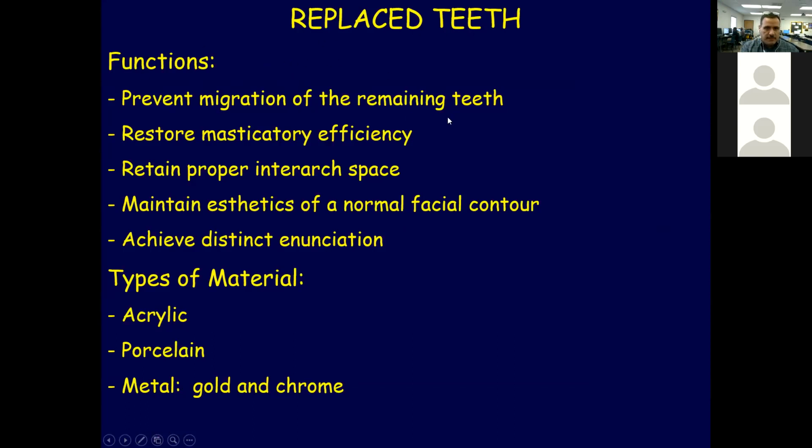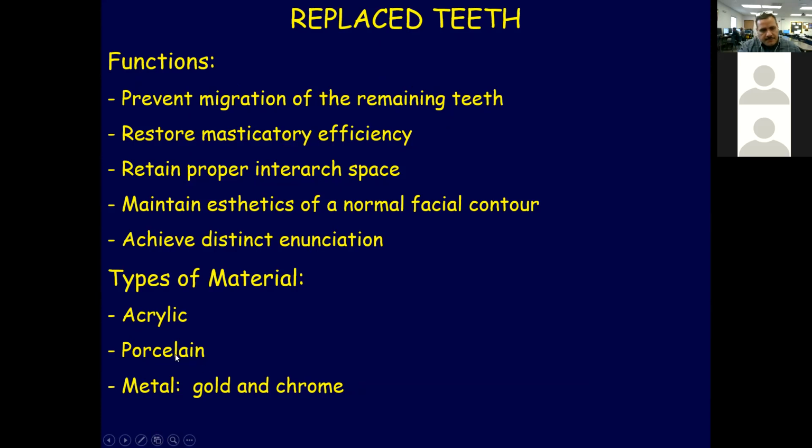Okay, replace teeth, prevent migration of remaining teeth. Well, the whole thing is we need fake teeth to replace the lost teeth. Restore masticatory function, retain proper arch. All these we know. Most of the teeth we use are acrylic. We never use porcelain, it's very expensive and it's a lot of work. Metal, gold, and chrome, no one uses them anymore.